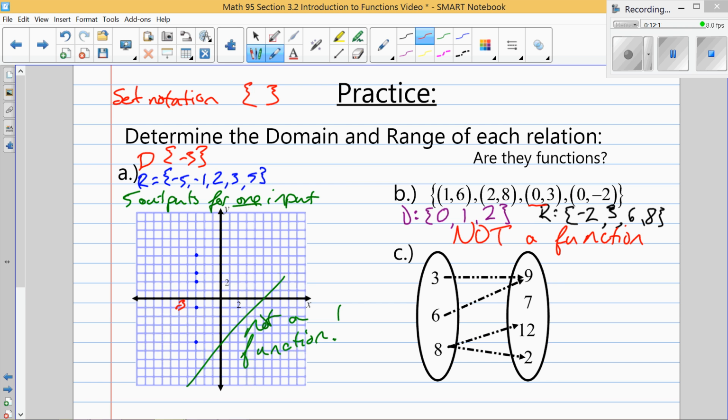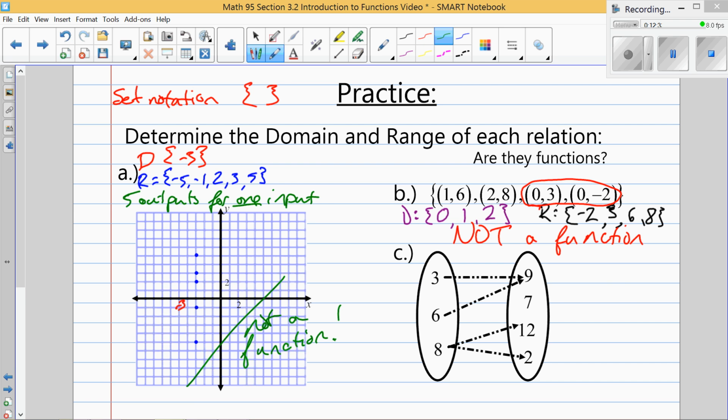Specifically, because these 2 pieces of my relation have the same input and different outputs. So one input has 2 different outputs, but a function says each input has only one output. So this one is not a function.